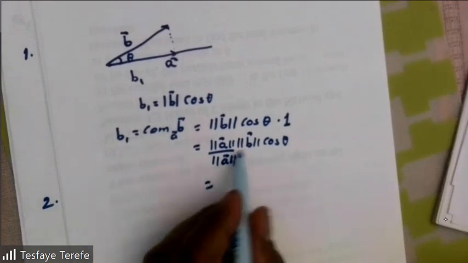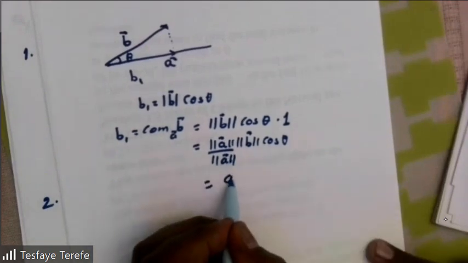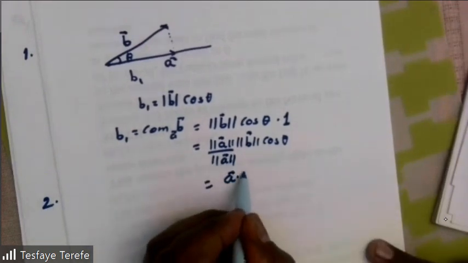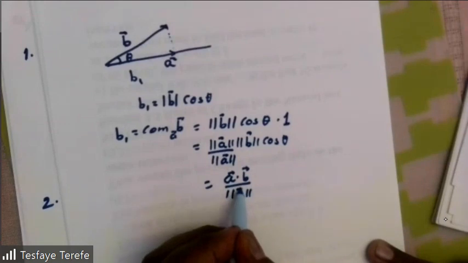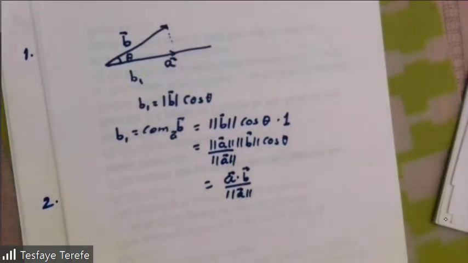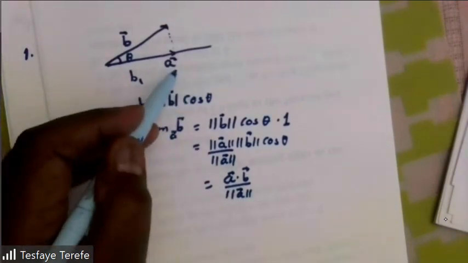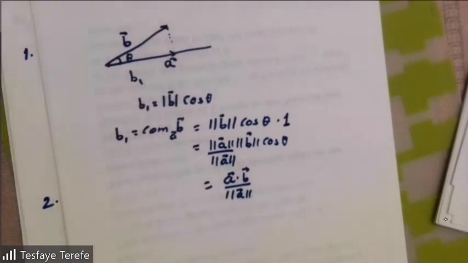This one, by definition, is A dot B divided by norm of A. So the scalar projection, which we call the component of B onto A, is the dot product of the two vectors divided by the norm of the vector that you are going to project on.